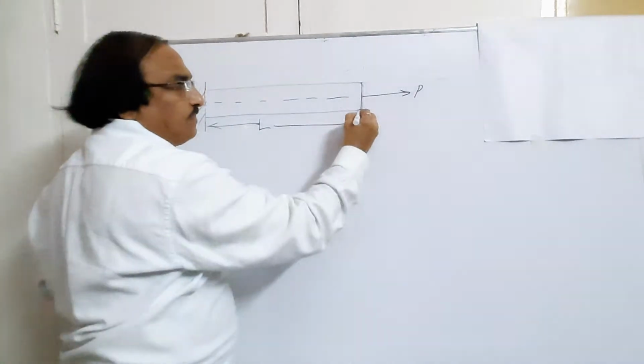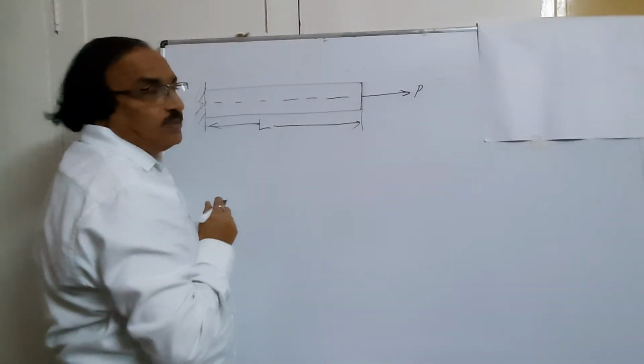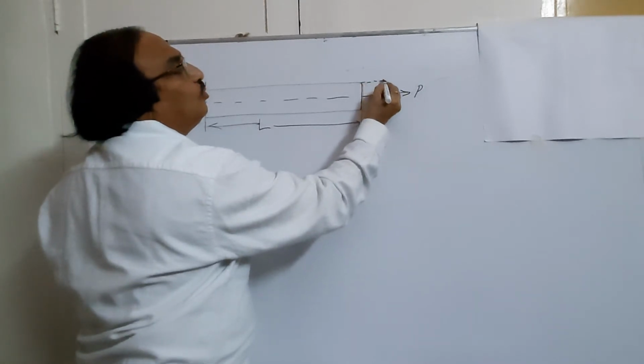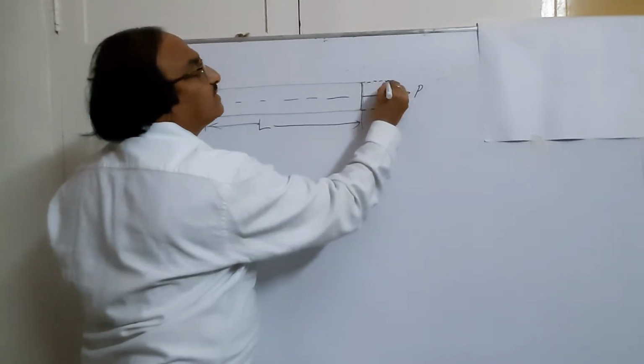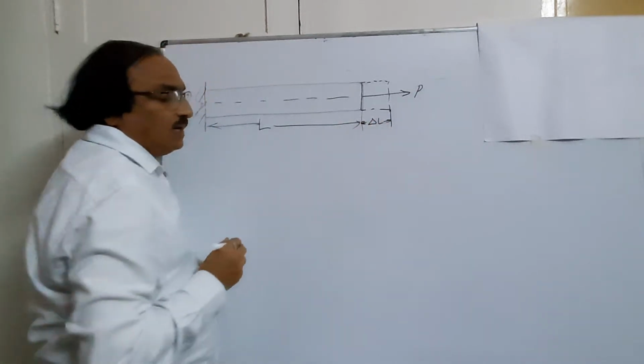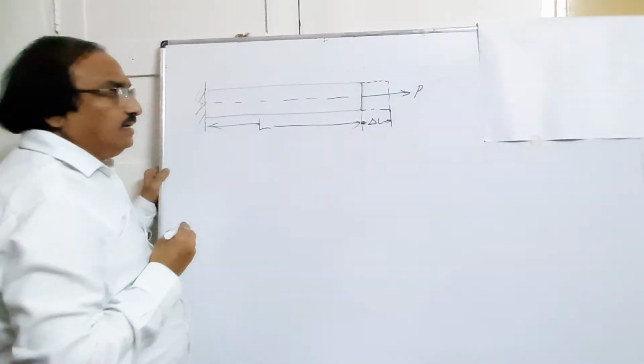Normal means it is acting perpendicular to the cross section. So I am applying a load. What will happen to the bar? Due to pull, the bar will extend by a value, let us say delta L.